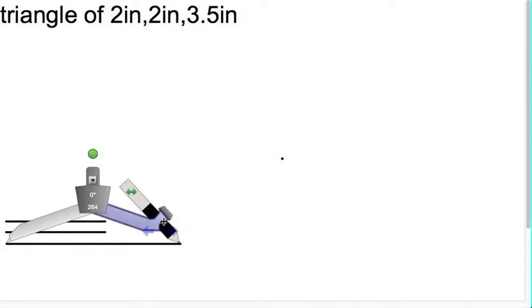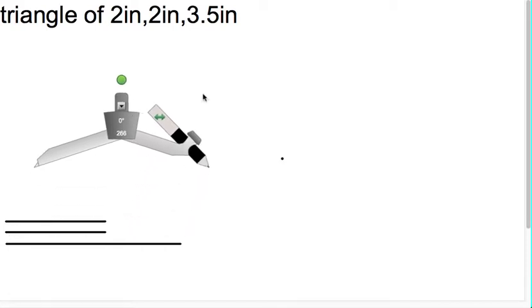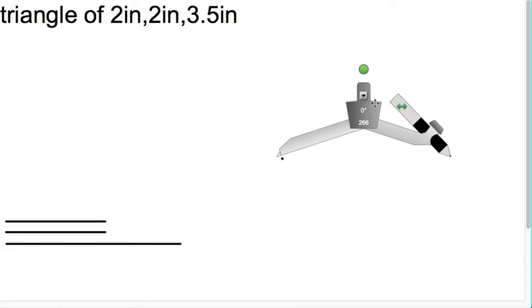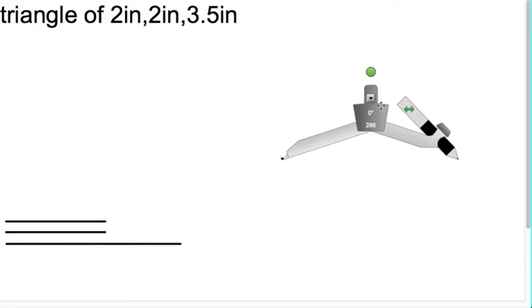So depending on how far your compass needs to go, it might be a pretty big stretch, but okay, so I've set the distance. So I can actually pick up my compass and move it, and that distance shouldn't change at all.